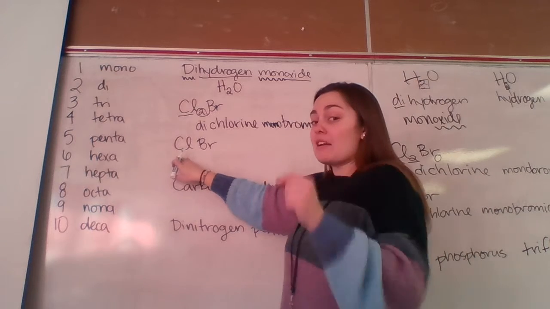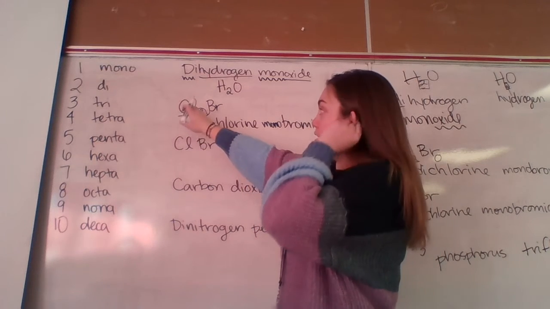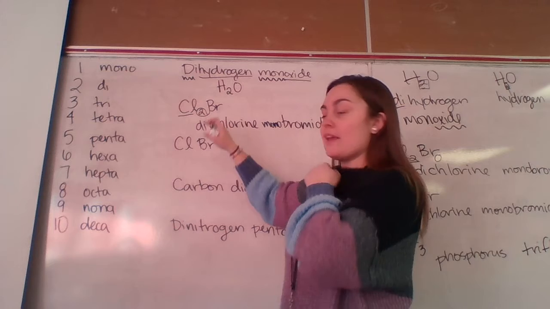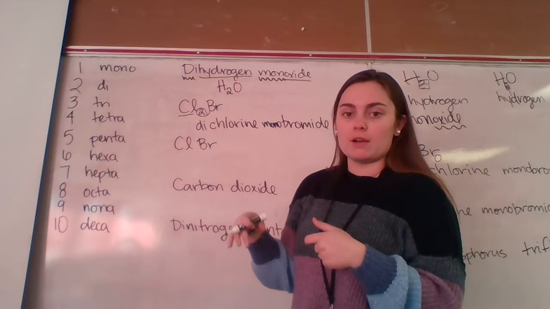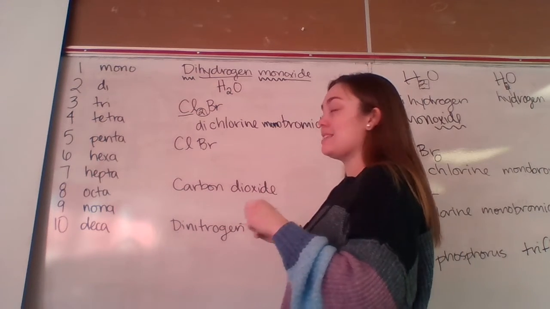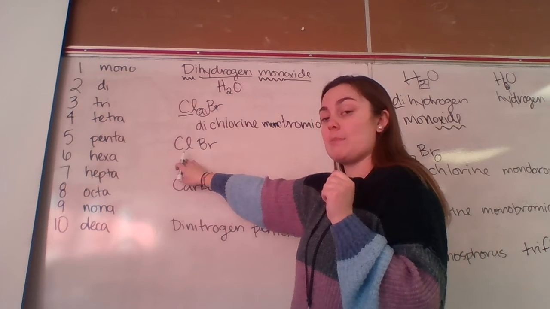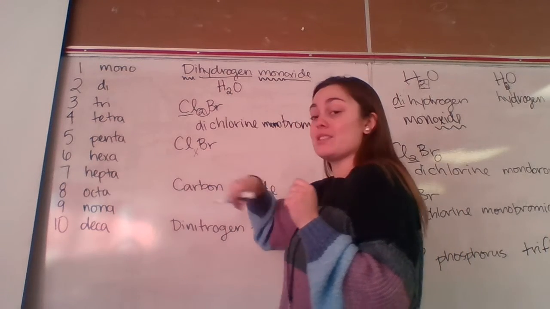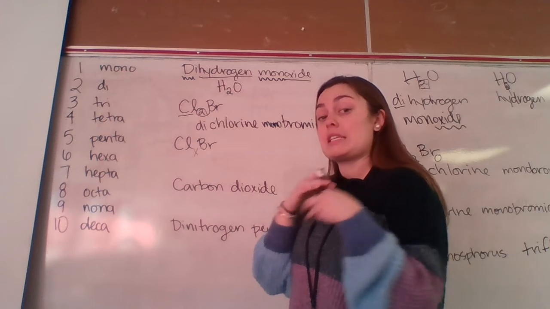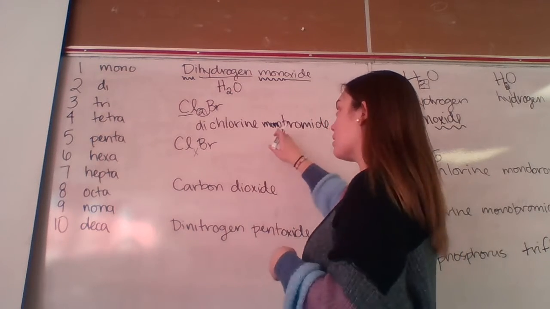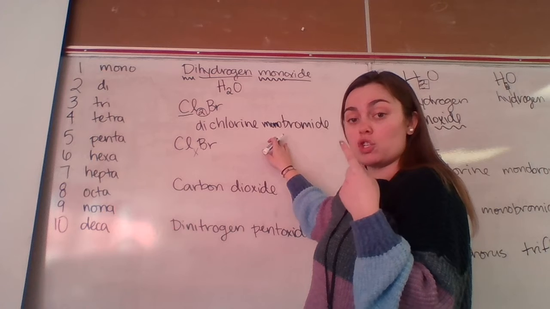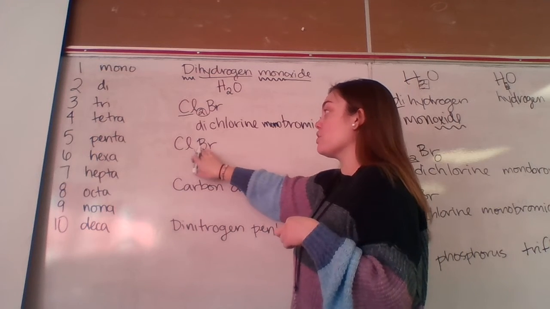This next one is very similar to the previous. Here it was Cl2Br; here it's just ClBr. The difference is that if the first nonmetal, chlorine in this example, does not have a subscript, then it doesn't get a prefix. You're not going to put mono, even though there's just one of it, because it's the first nonmetal.